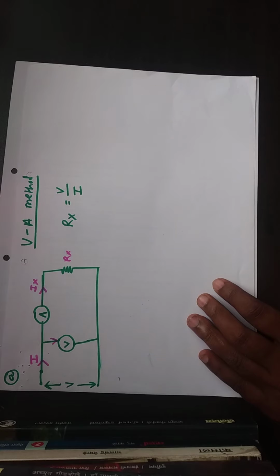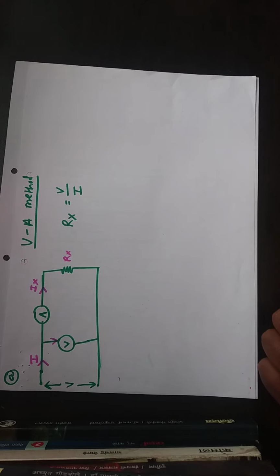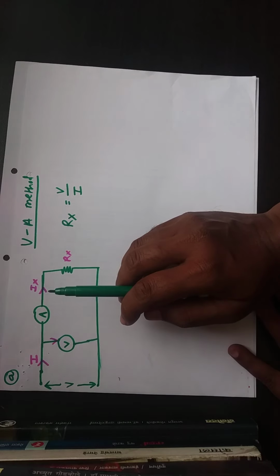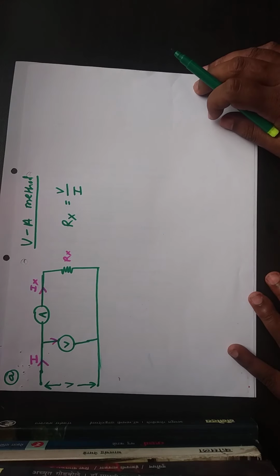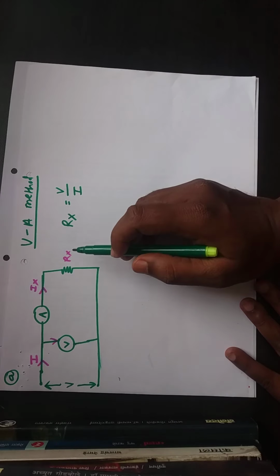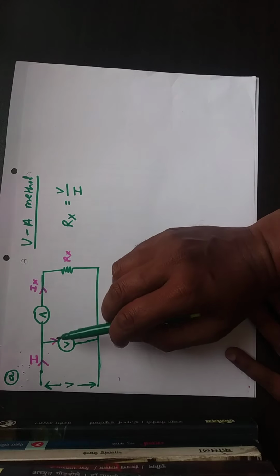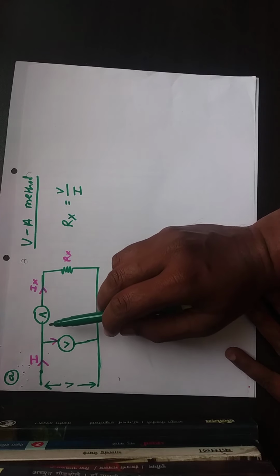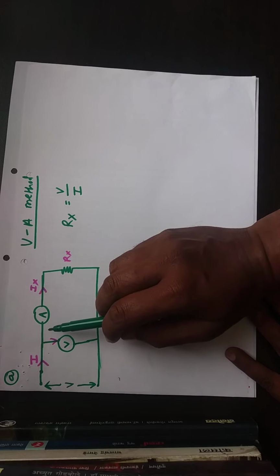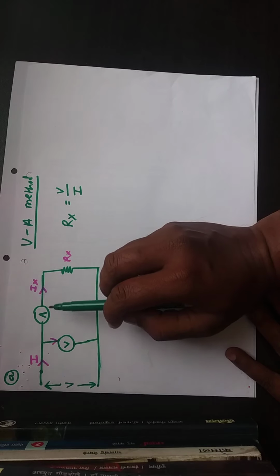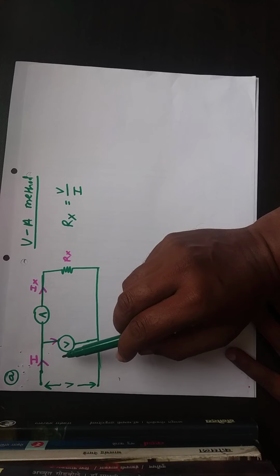If you consider figure A, our first arrangement, the ammeter measures the true value of the current flowing through the unknown resistance, but the voltmeter is not able to measure the true voltage across Rx. Why? Because the ammeter is close to Rx, whereas the voltmeter is not.